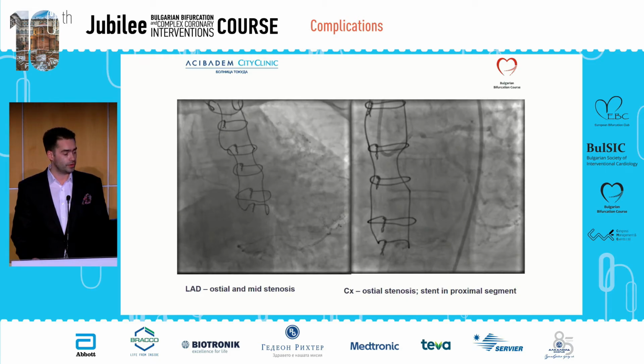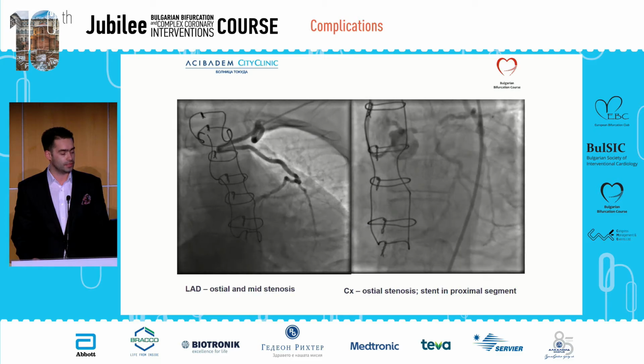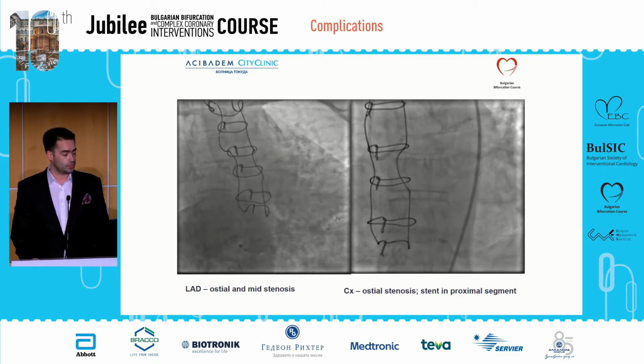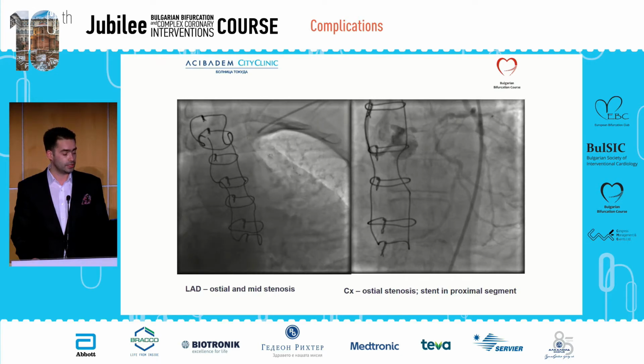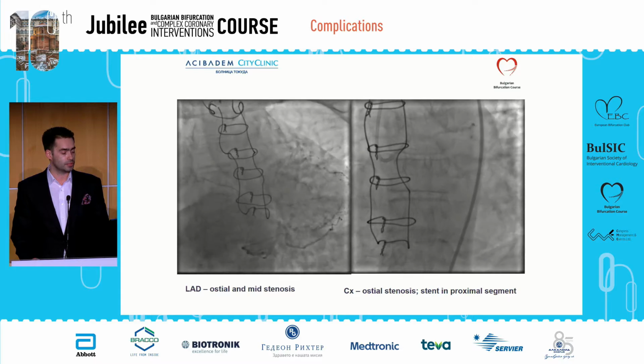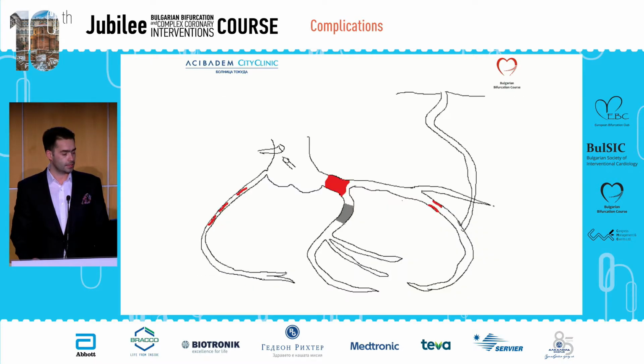You can see from the retrograde flow that there is significant stenosis of LAD in mid-segment after the diagonal branch, and ostial stenosis of the LAD and circumflex artery, with a patent stent in the proximal segment of the circumflex artery. Schematically, this is the situation in this patient.